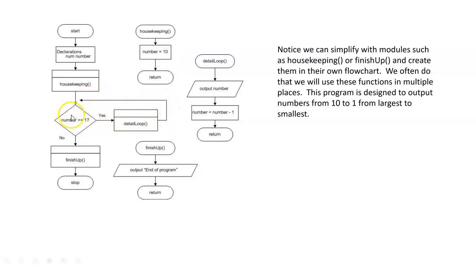So it loops 10 times, prints out the value 10, 9, 8, 7, 6, 5, 4, 3, 2, 1. Once this loop no longer holds, this is a while loop, then it comes down here and says, oh, we're going to go to the finish up. Finish up says output into program statement, and we're done.